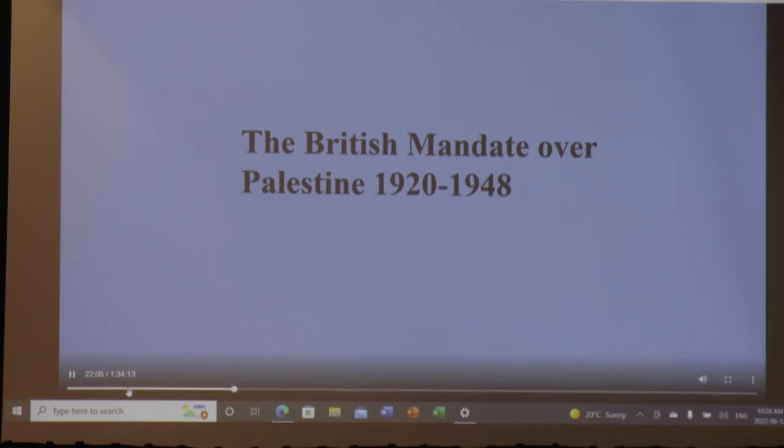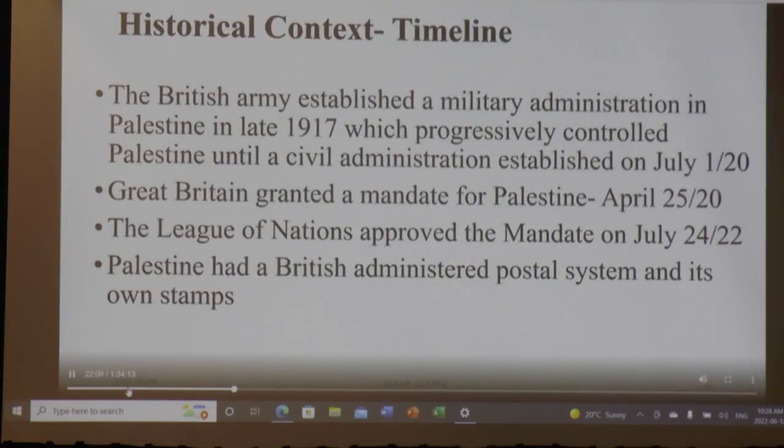Now, the British mandate over Palestine. Those of you will remember from your studies, not necessarily from being there, that in World War I, the Ottoman Empire opposed the alliance that consisted of Britain, France, and other countries. The Ottoman Empire was the loser.